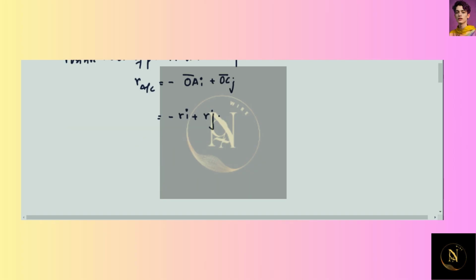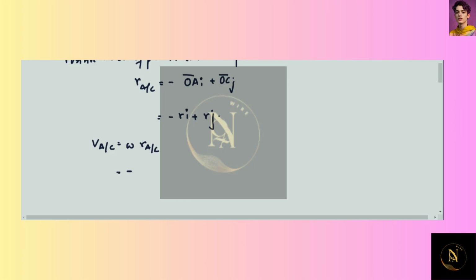Now the relative velocity of point A with respect to point C is omega cross r AC.